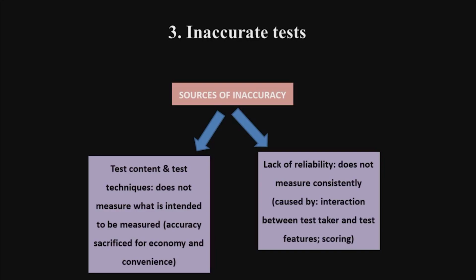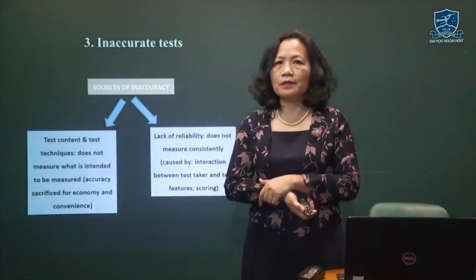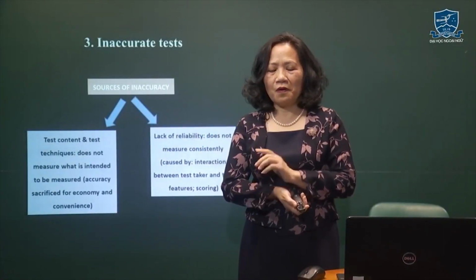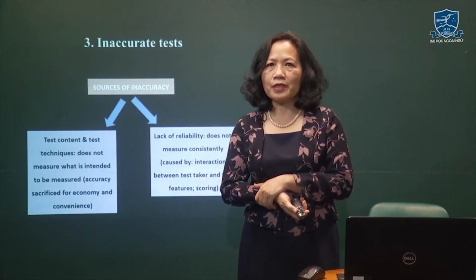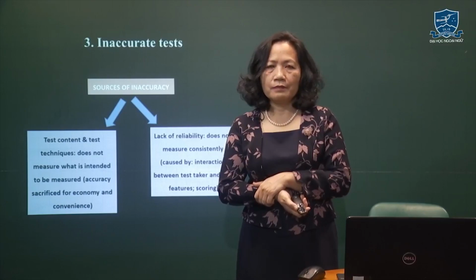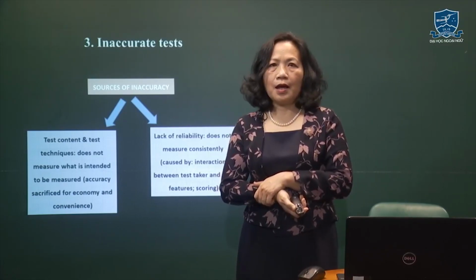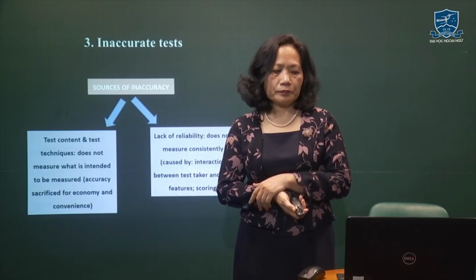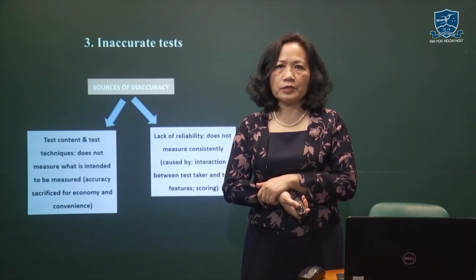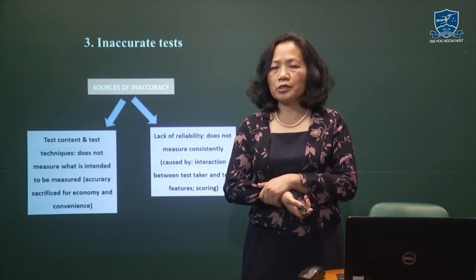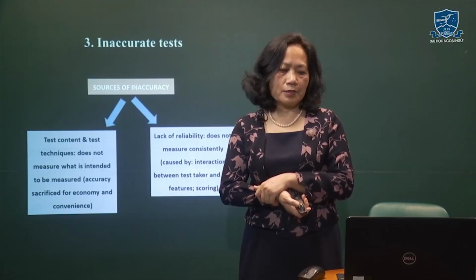You don't have a full picture of the students' ability, and sometimes good students may get bad marks, or bad students or weak students may get better marks, better scores, better results on the test, because the tests are inaccurate. Why? What are the sources of inaccuracy of the information tests provide?